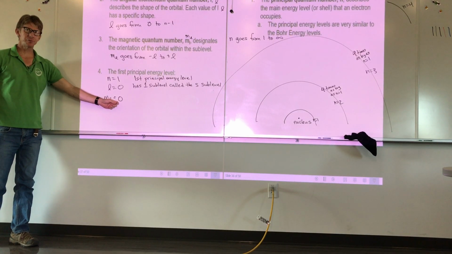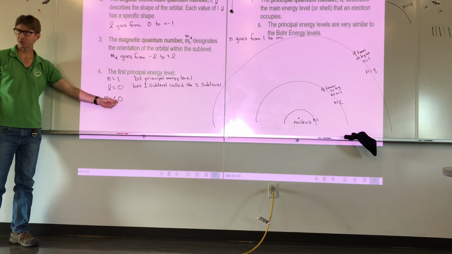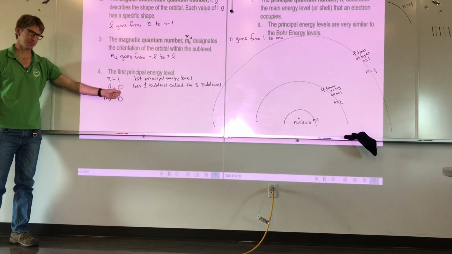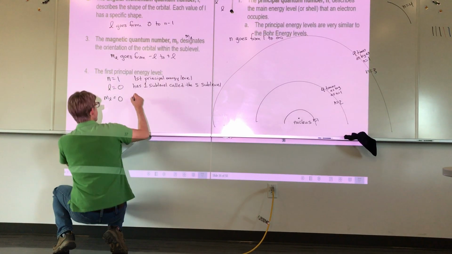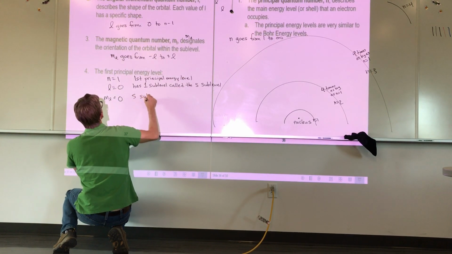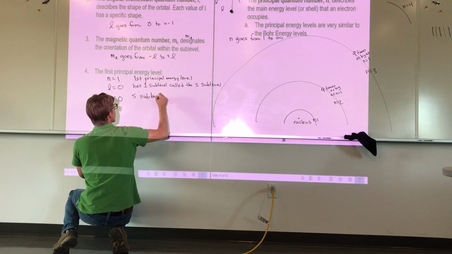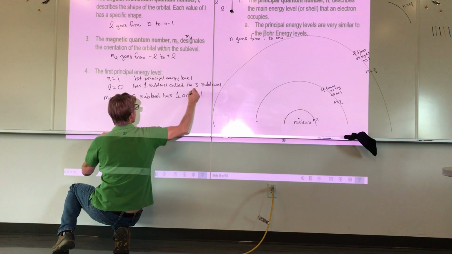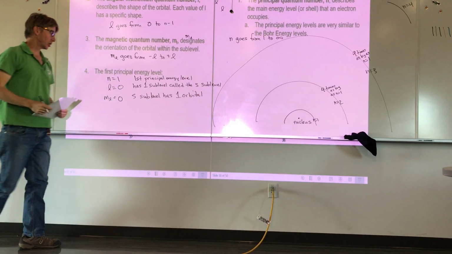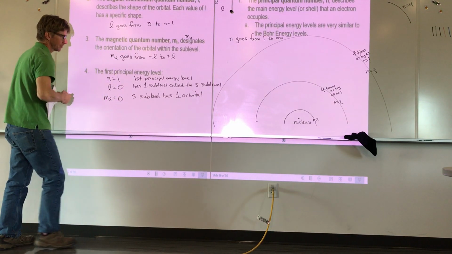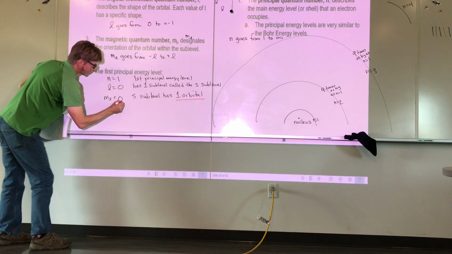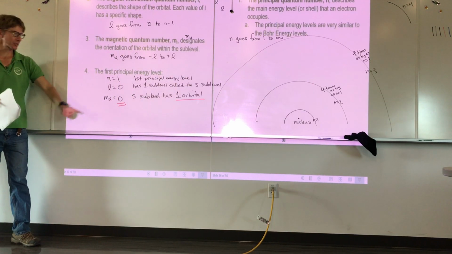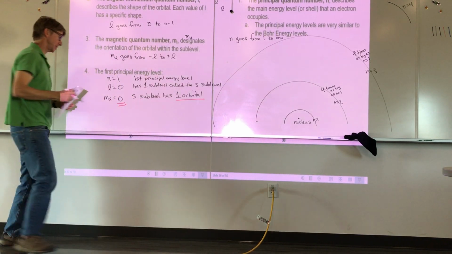Well, the number of values for m sub L is the number of orbitals. If there's one value, there's one orbital in this sublevel. The s sublevel has one orbital, because there's one value of m sub L.